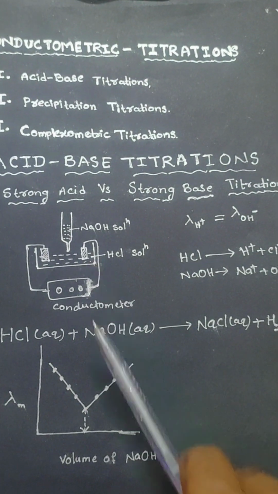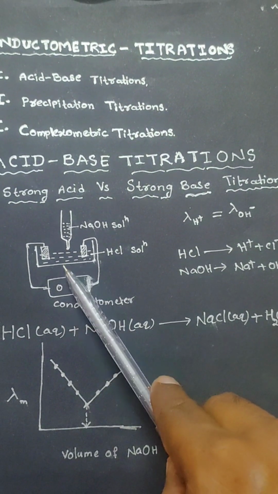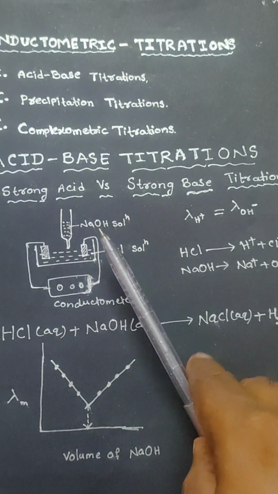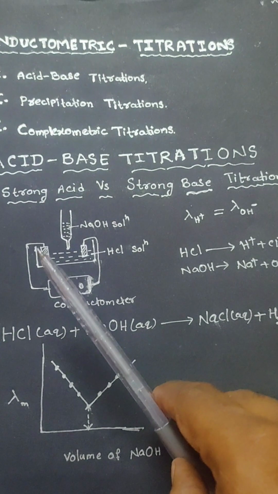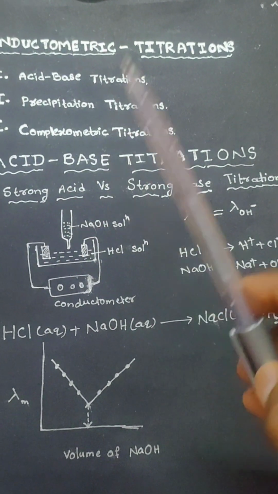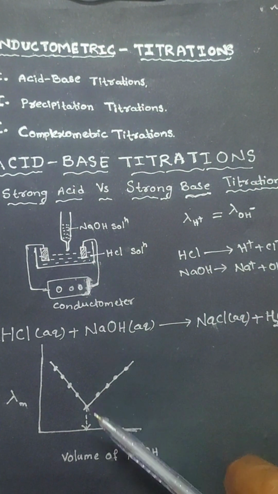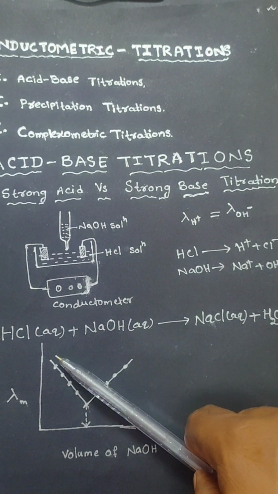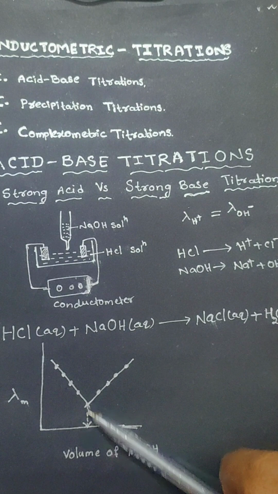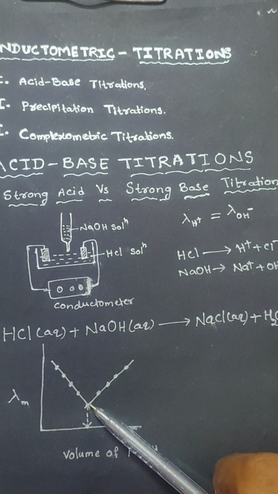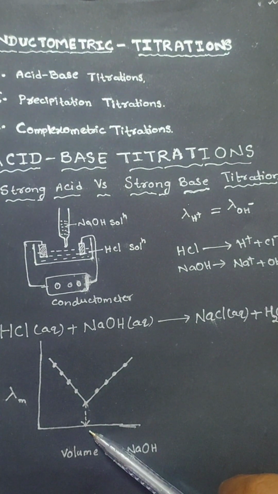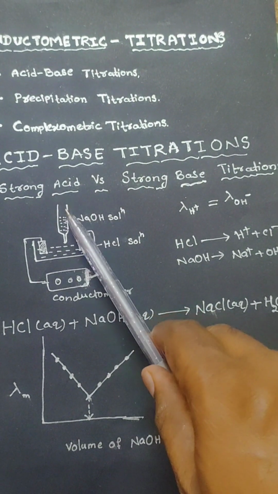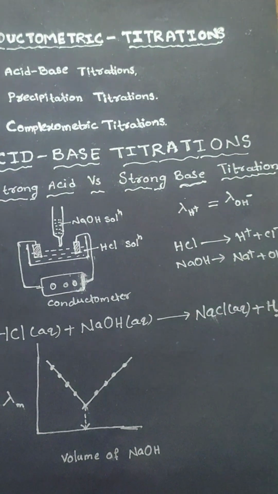After the complete neutralization, there are no H plus ions to react with the OH minus ions, so the number of OH minus ions goes on increasing. As a result, the conductivity also increases. If we extrapolate these two lines, we get the end point, which is known as the equivalence point. This type of graph we get in the strong acid versus strong base titrations.